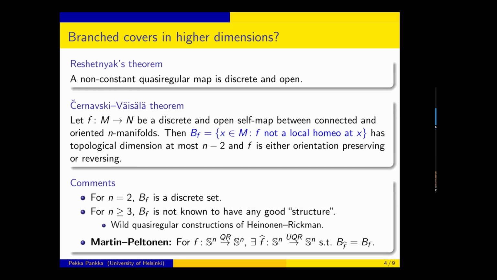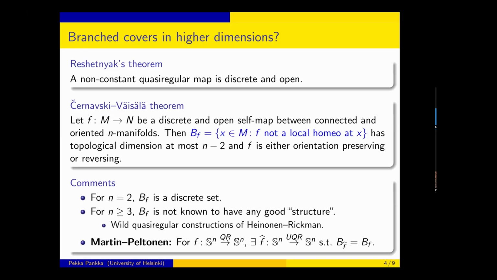And if I now think about our dynamical setting, it would be nice to hope that when we are in a dynamical setting, the branching cannot be that difficult, and perhaps we have some gain coming from the dynamics. But actually, Martin and Peltonen killed this hope totally: you take any quasi-regular map on an n-sphere, and they create a uniformly quasi-regular mapping with the same branch set.